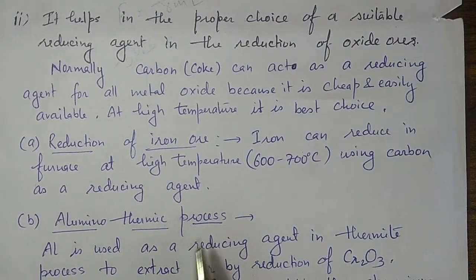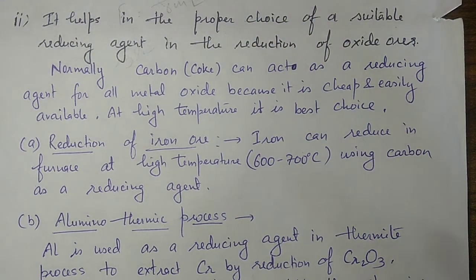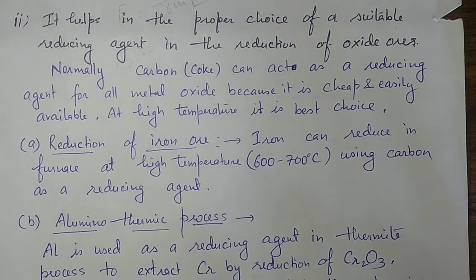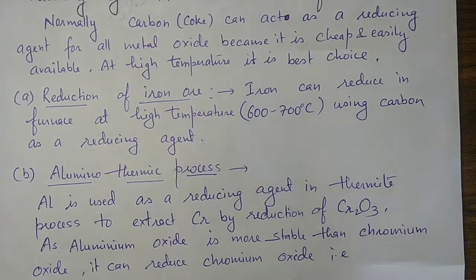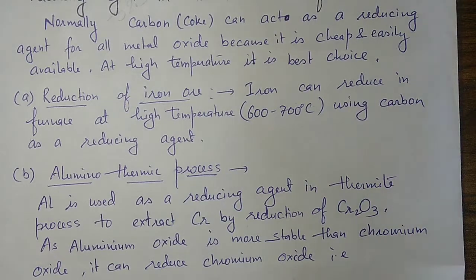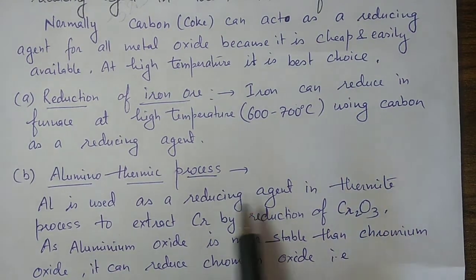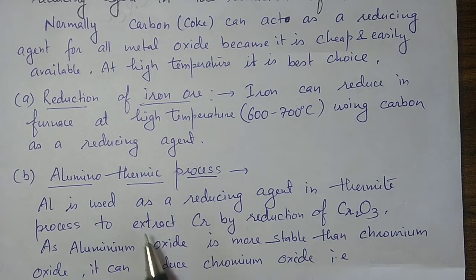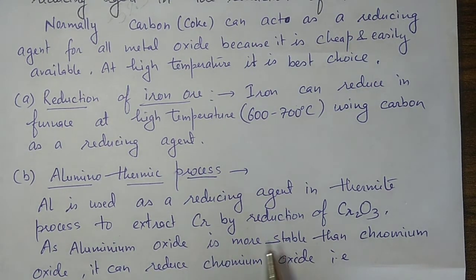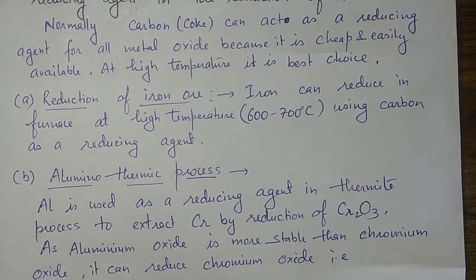Similarly, the aluminothermic process: aluminum also forms a very stable oxide, and aluminum can be used as a reducing agent for some particular metals, that is chromium, iron, manganese, etc. This process is called the thermite process, the aluminothermic process. Chromium can be extracted in the presence of aluminum.